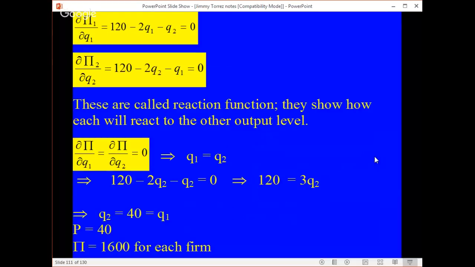I take profits and I take the partial with respect to Q1 for firm one, Q2 for firm two, and I get the following. Okay.